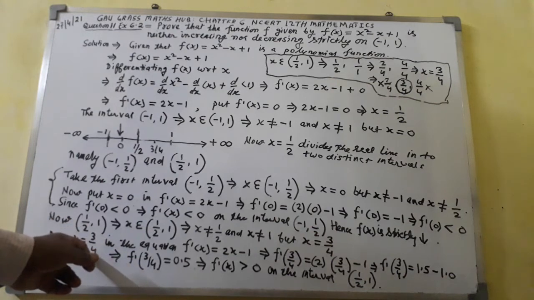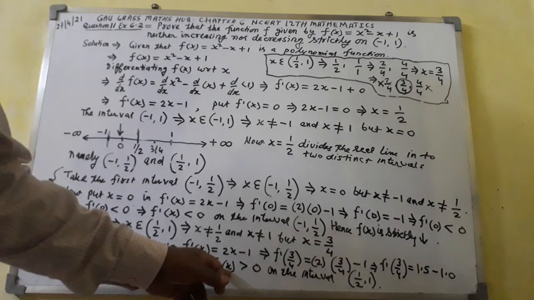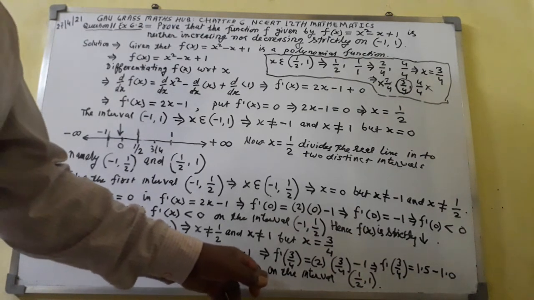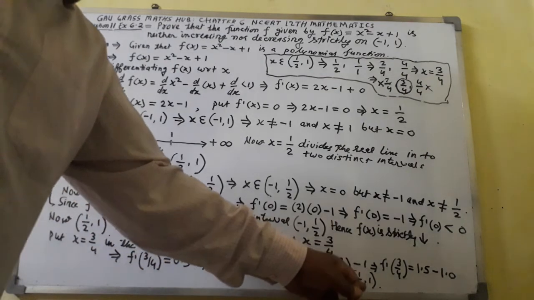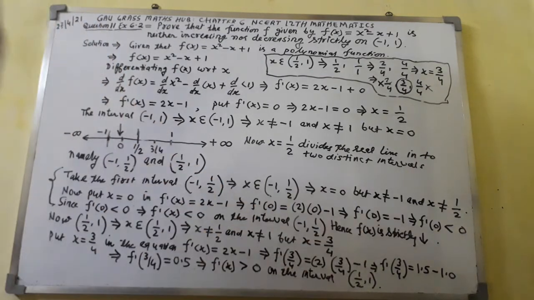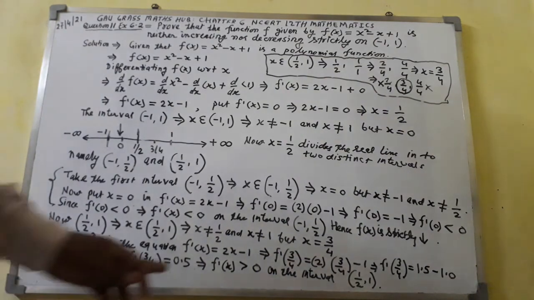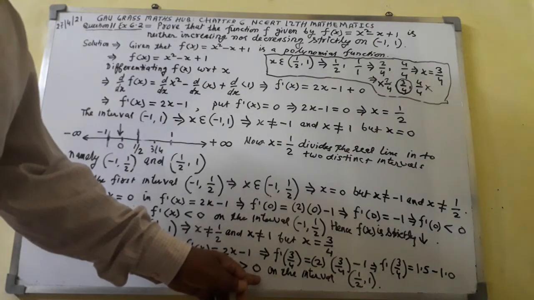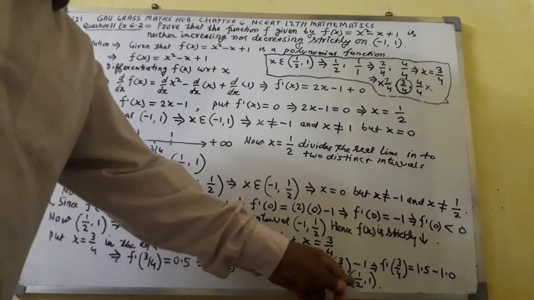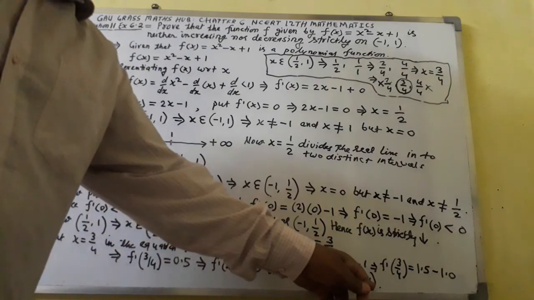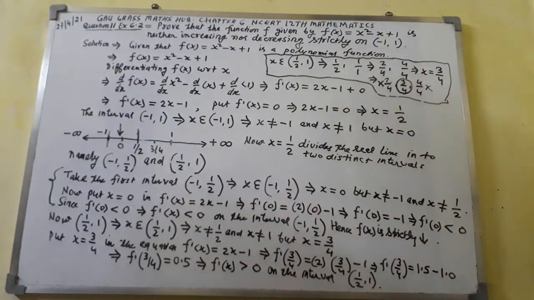So f dash x is greater than 0 on the open interval 1 over 2 comma 1. In this interval, f dash x is greater than 0 on the interval 1 over 2 comma 1.